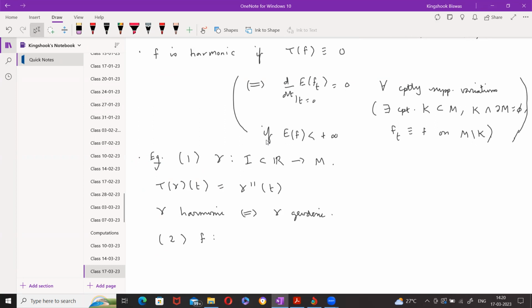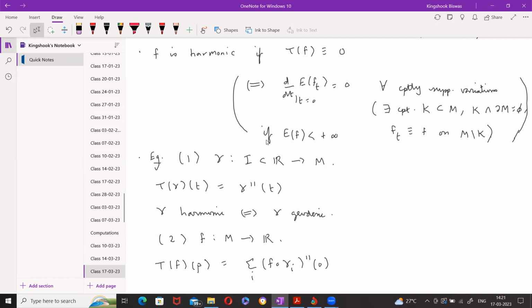Secondly, if I have a function from M to R, then what is the tension field? This is the sum over i of f composed gamma i double prime, right?